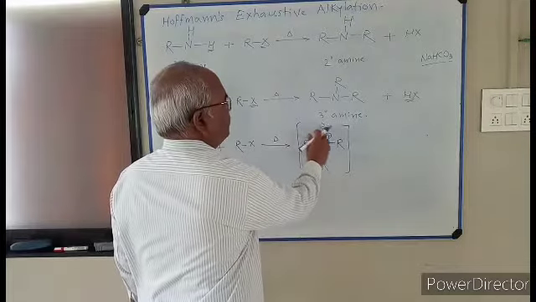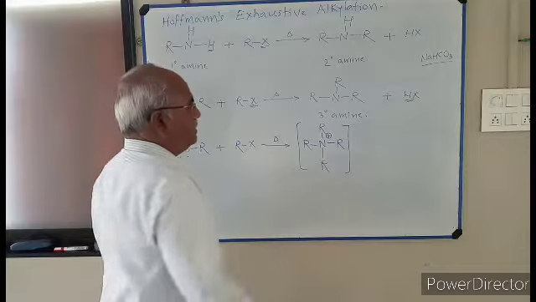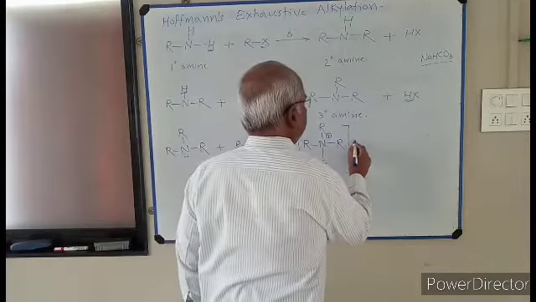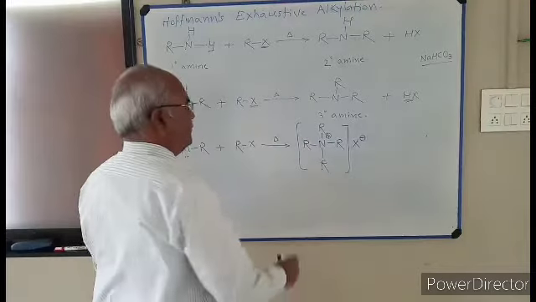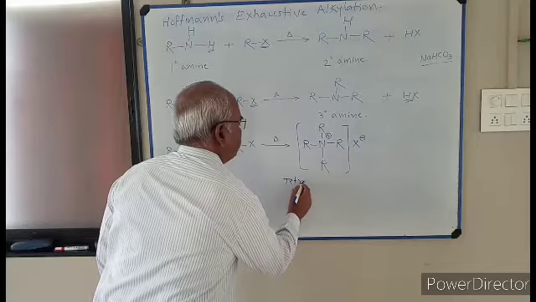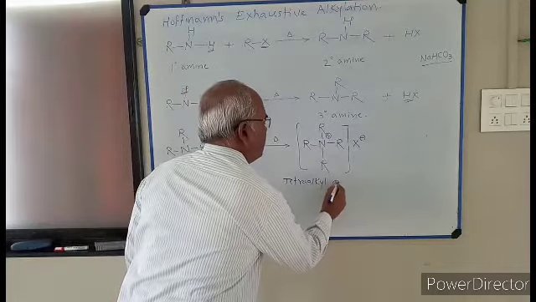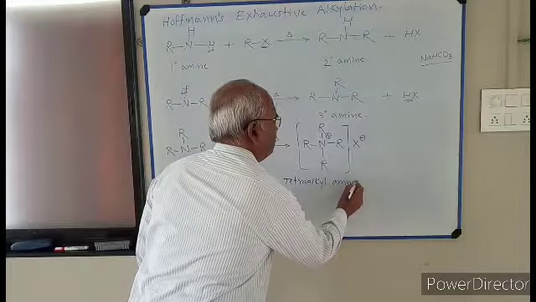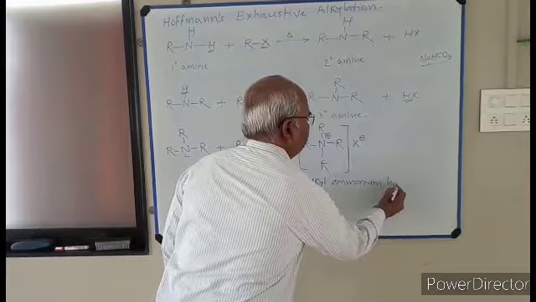The alkyl group is present 4 times, therefore it is tetraalkyl ammonium halide. Here I write X minus. The name of the product is tetraalkyl ammonium halide.